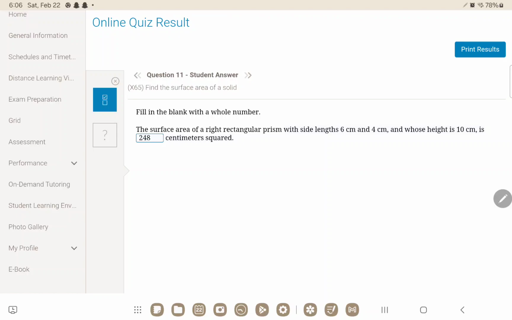They want the surface area of a right rectangular prism. We know that the surface area of a right rectangular prism is 2 times length width plus width height plus height length. Length width is 24, plus 40, plus 60.